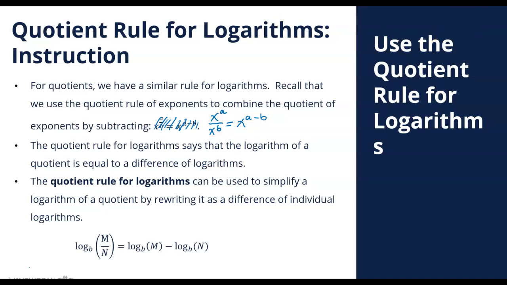The quotient rule for logarithms says that the logarithm of a quotient is equal to the difference of the logarithms. So that is log of m over n base b is equal to log of m base b minus log of n base b. Again, the logarithm of a quotient is equal to the difference of logarithms.